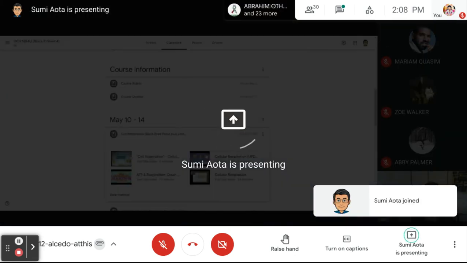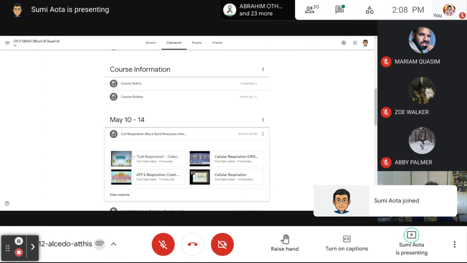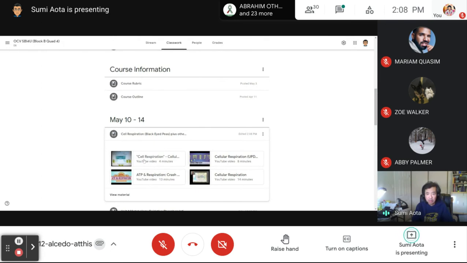One is a cell respiration song. So I'll put it up on Classwork. There, you can see this now. So that's a song there. Okay. That's the Amoeba Sisters. So the cell respiration song is this first one here. This is the Amoeba Sisters. This is Crash Course, and this is Bozeman Science. Okay. So you've got different views of this process.